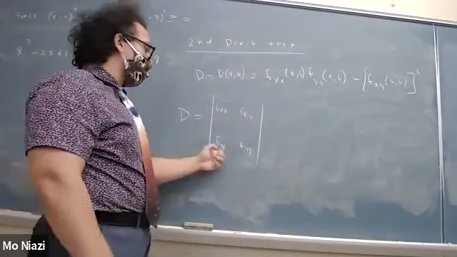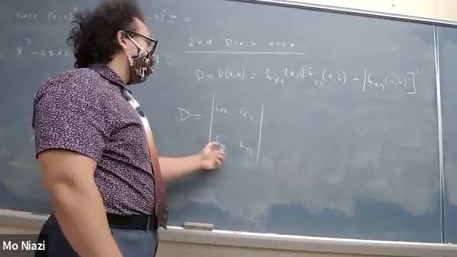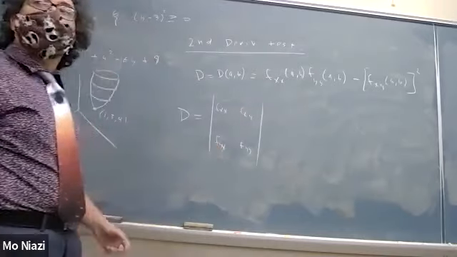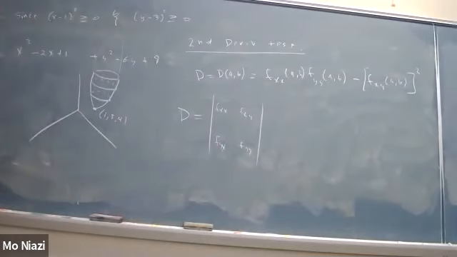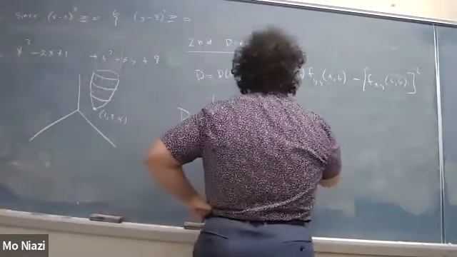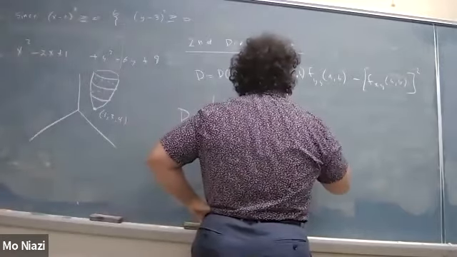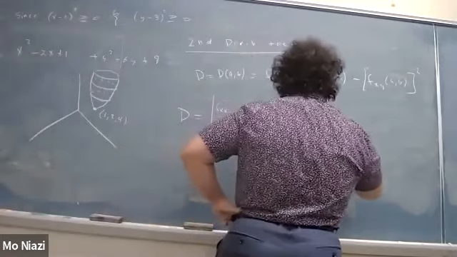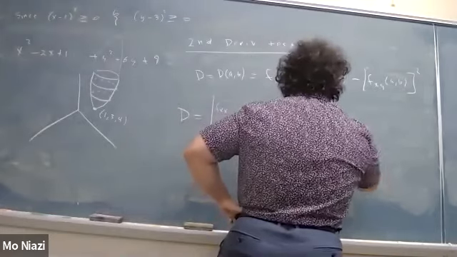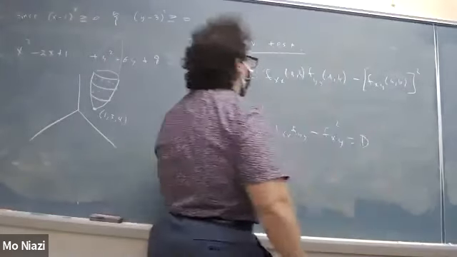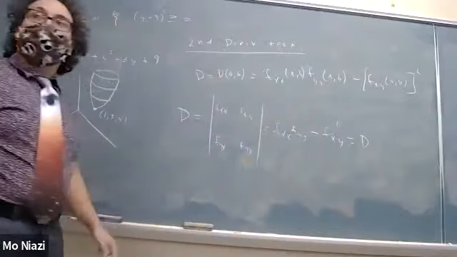Clairaut's theorem tells us that f of yx is equal to f of xy, given the conditions of Clairaut's theorem. So when you calculate the determinant, this becomes this. Minus the whole evaluated AB part.